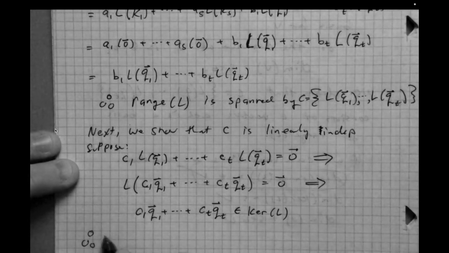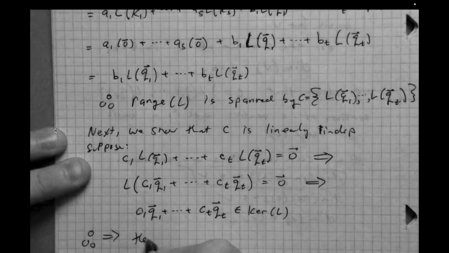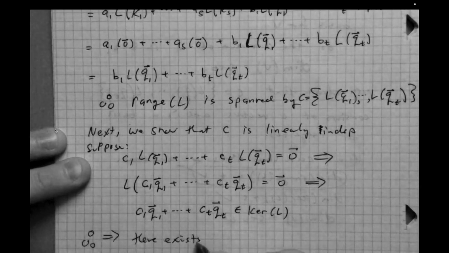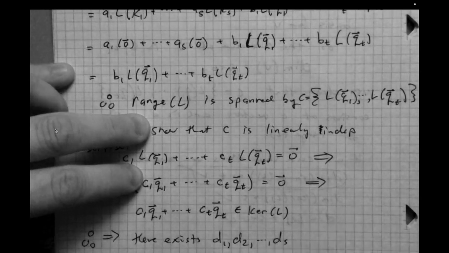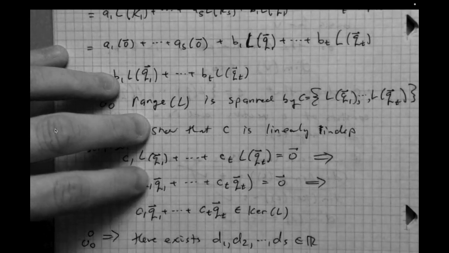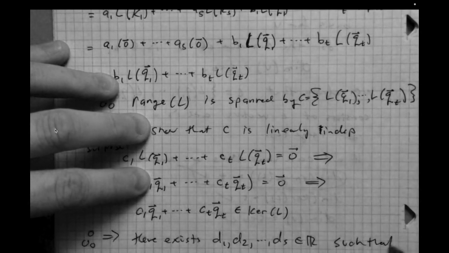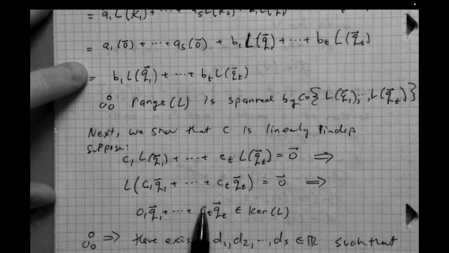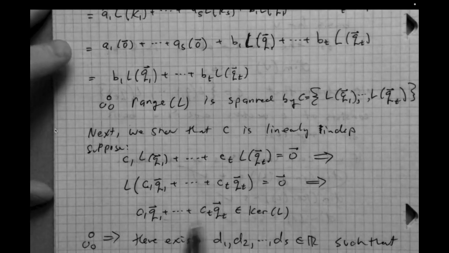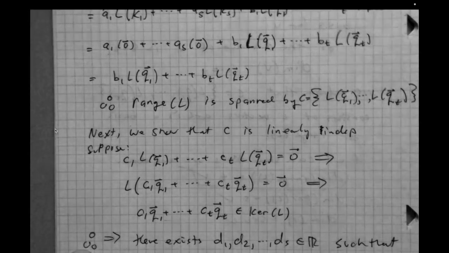Well, that implies that there exist D1 through DS, real numbers, such that this vector can be written in terms of the basis for the kernel. Let me rewrite this last section to have it all on the same page.